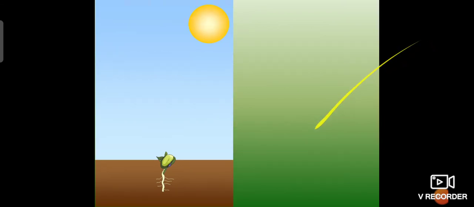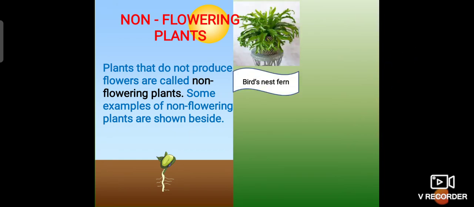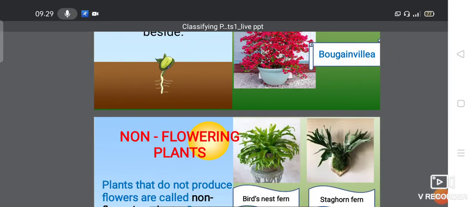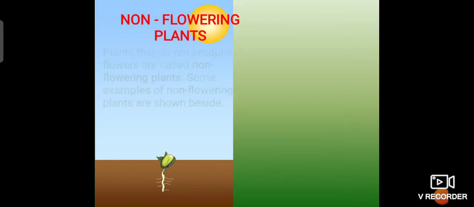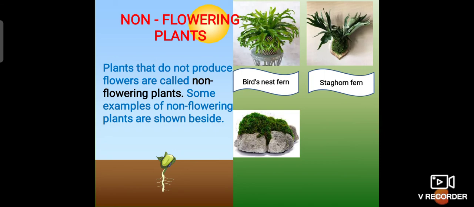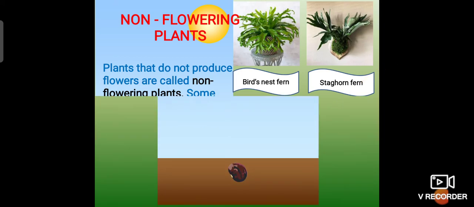And then the non-flowering plants are plants that do not produce flowers, such as the birdnest fern, the staghorn fern, mosses, and the monarch fern. Those are examples of non-flowering plants.